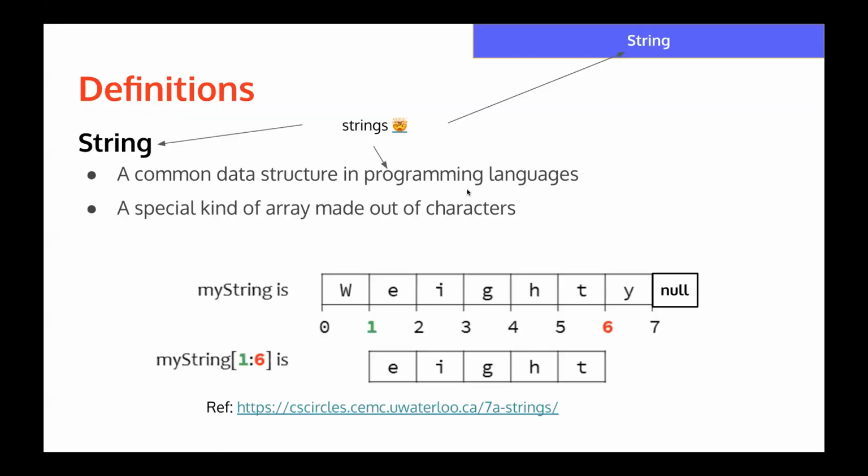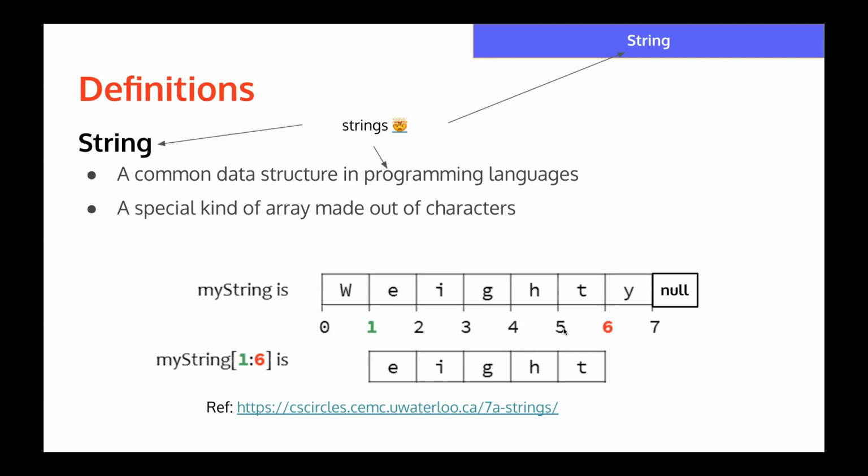All right, so to move on, the second data structure that we went over is string. So what is a string? Well, a string is very similar to an array, but each element is now made up of characters. So in the example here, we have a string, and each index points to a character.